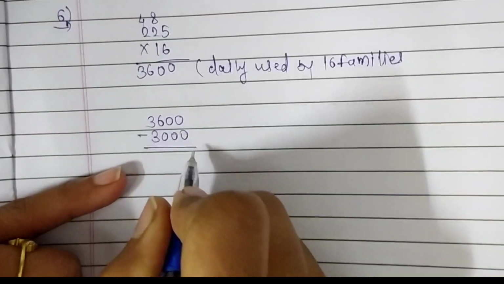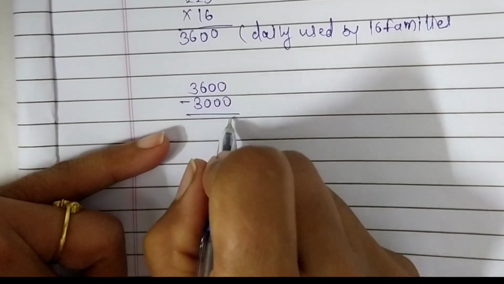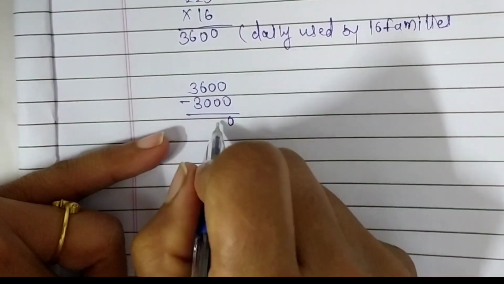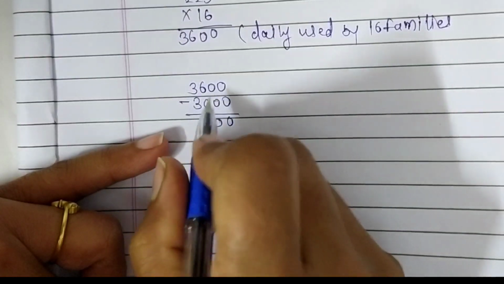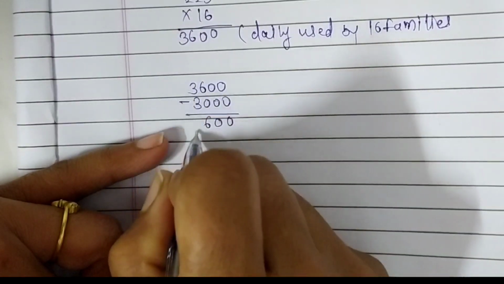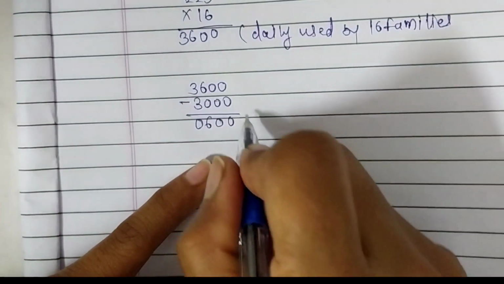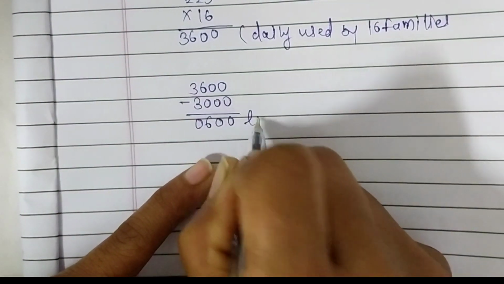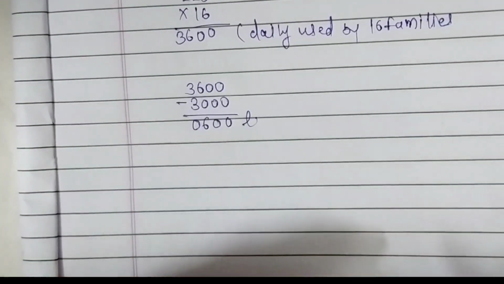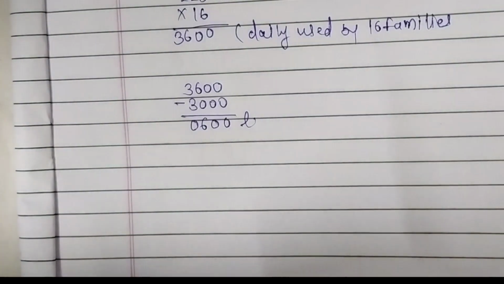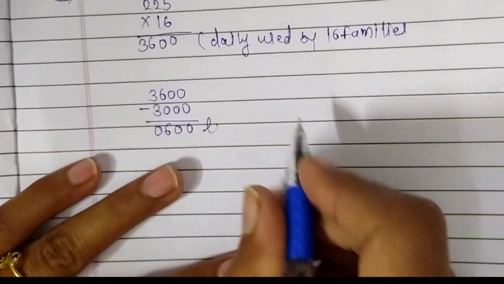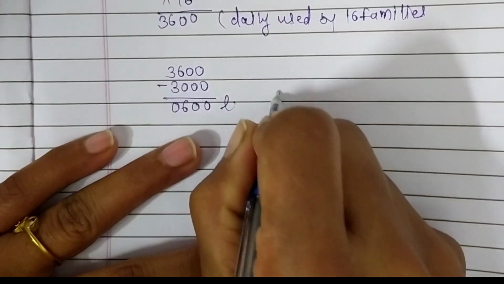The answer here is 0 minus 0, 0. 0 minus 0, 0. 6 minus 0, it's 6. And 3 minus 3, it's 0. 600 liters. The daily shortfall will be 600 liters. Let's write it in words.